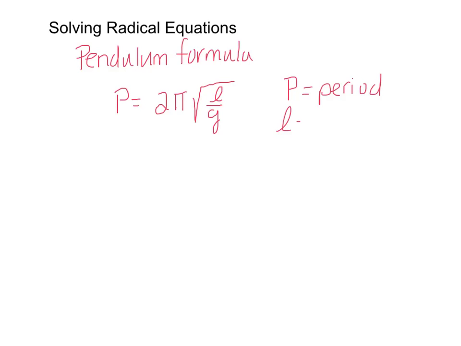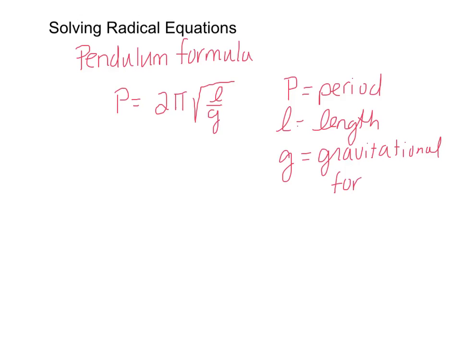The L is the length of the pendulum, and then G is the gravitational acceleration, I believe is what it is. Well, it's the gravitational force. I couldn't remember. So gravitational force.